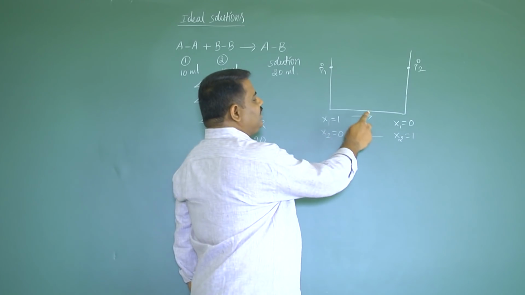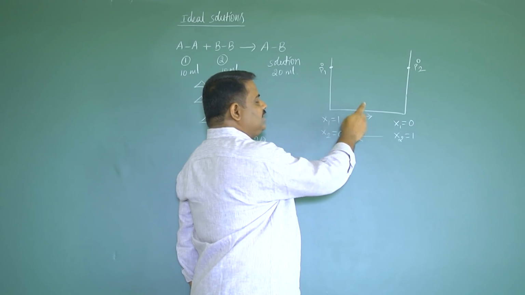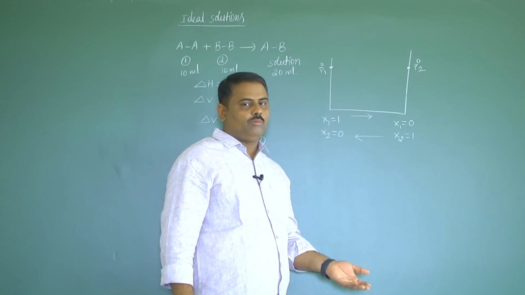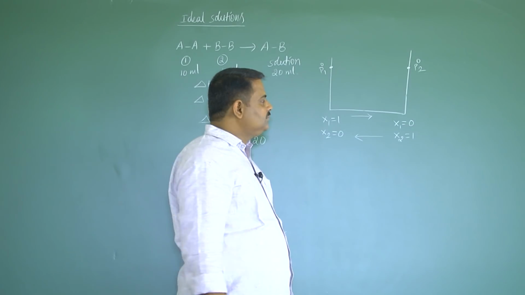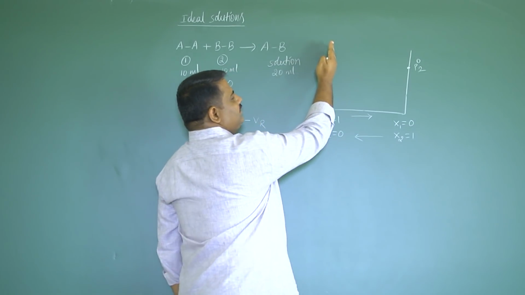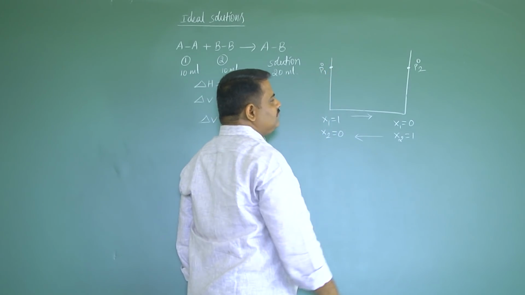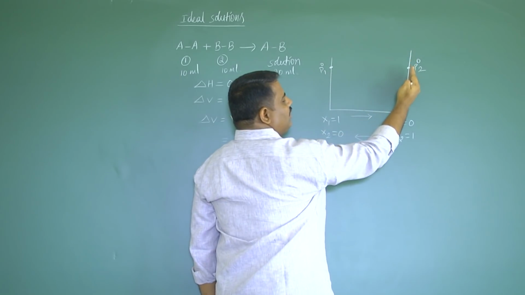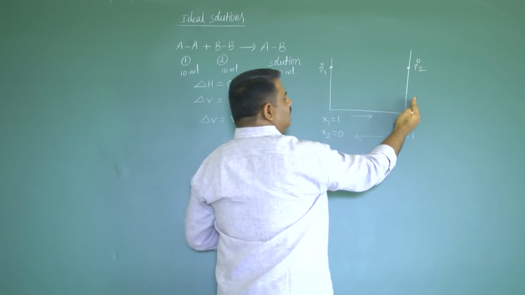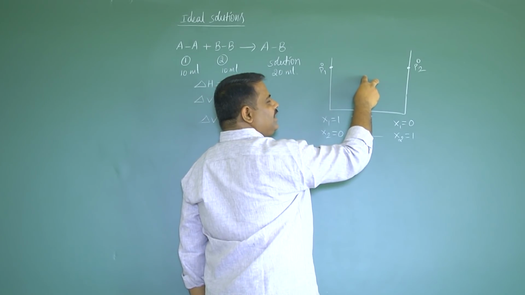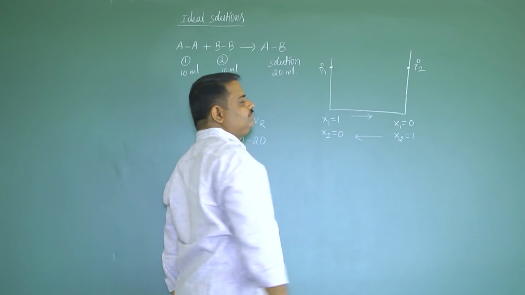At a particular point, x1 is 0.5 and x2 is also 0.5. Now once again, this is vapor pressure of pure component 1. This is vapor pressure of pure component 2. Between these two lines, this space indicates solution.